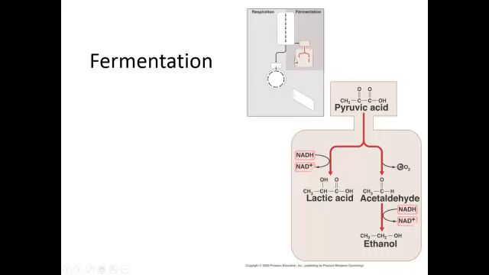Now, let's use a microbial example, because this is microbiology. We have microbes that do not have an electron transport chain. They do not undergo respiration, so they are limited to fermentation. One of these bacteria that we have domesticated and use a lot are lactic acid producing bacteria, either Lactobacillus or Lactococcus.